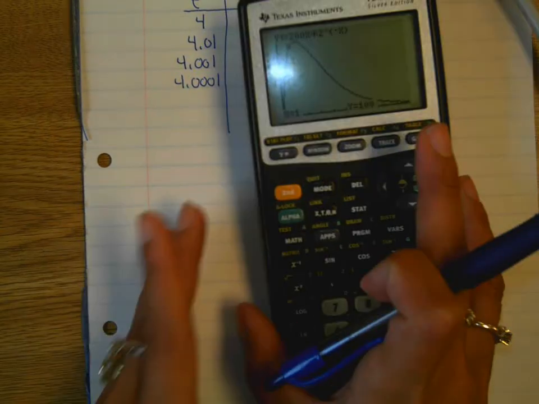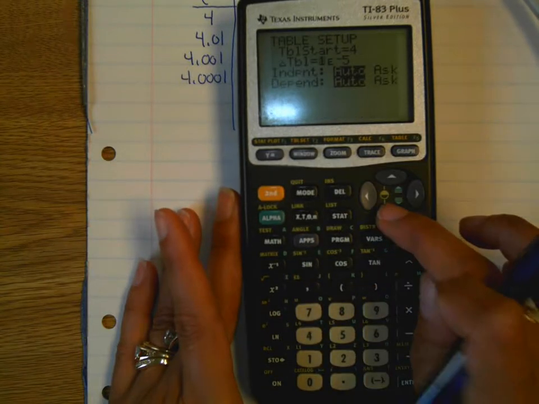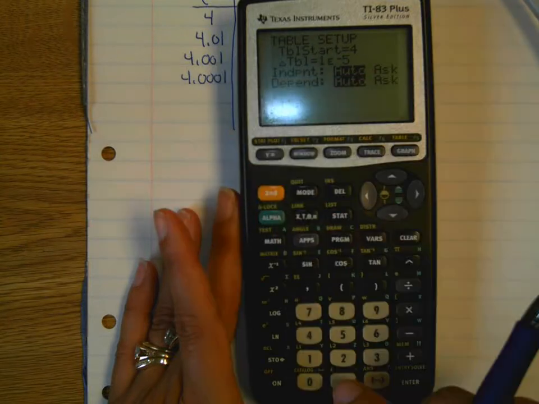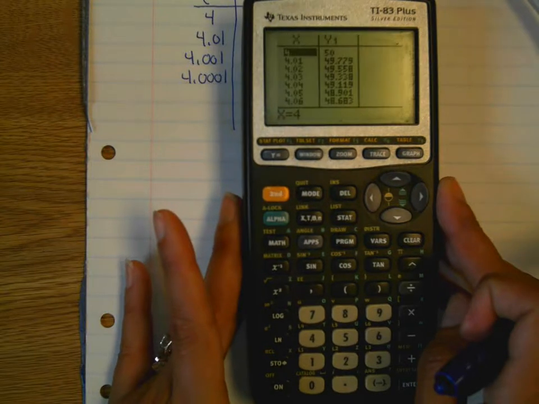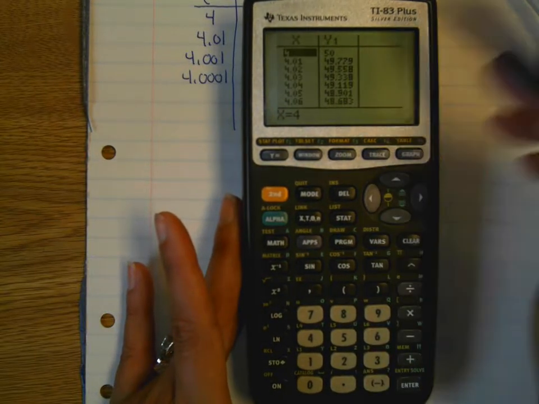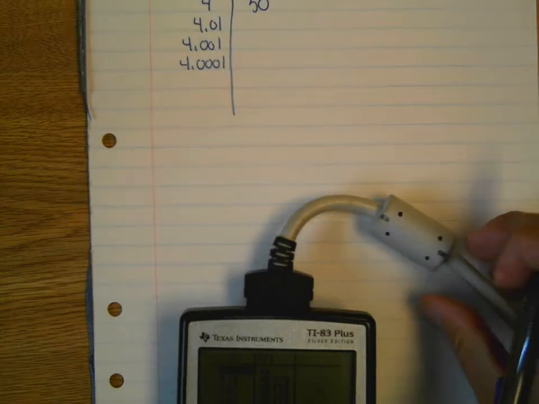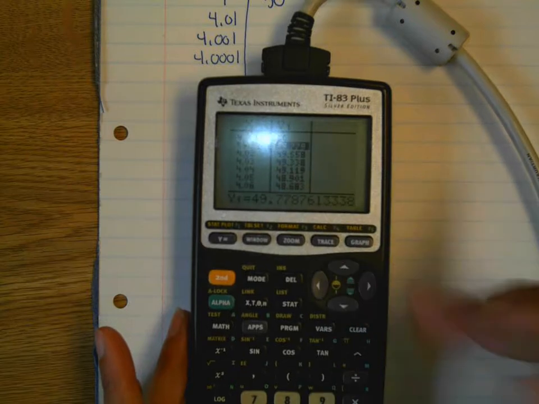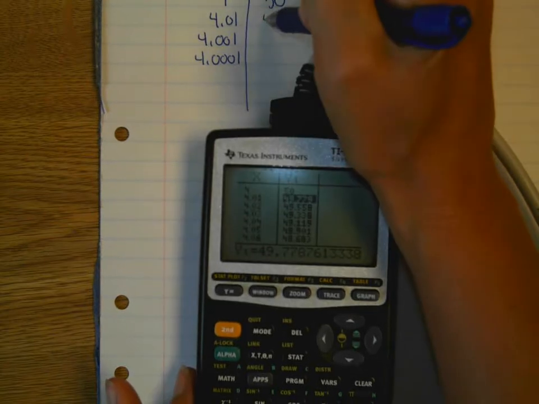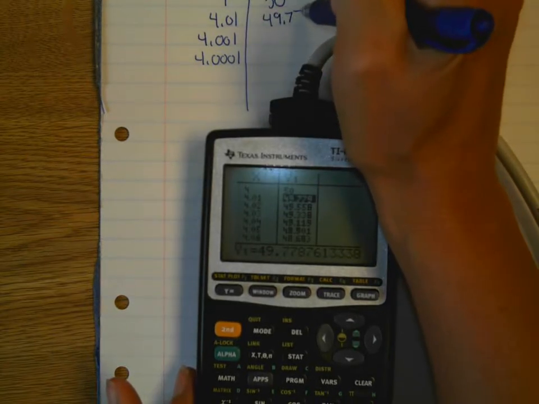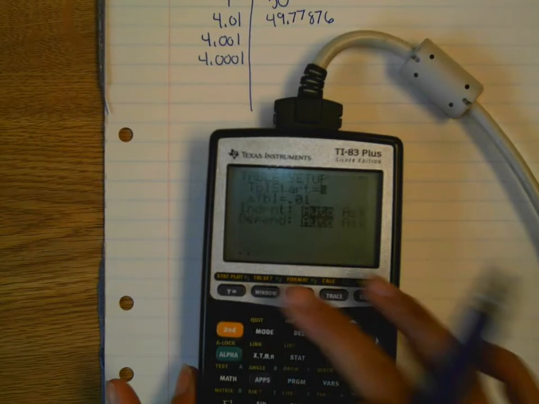All right, so now we just got to go back and get our table set. Have it start at 4 seconds, and I'll have it do the first one, 0.01. So at 4 seconds, the degree of the opening is 50 degrees. Then at 4.01, again, go out about 5 places, 49.77876. Back to table set.